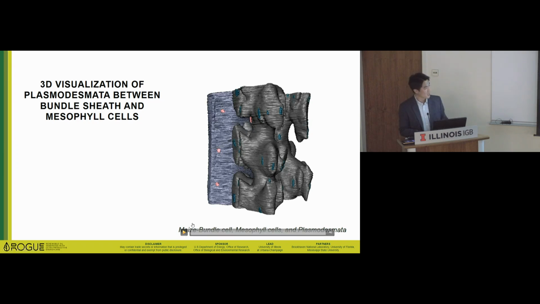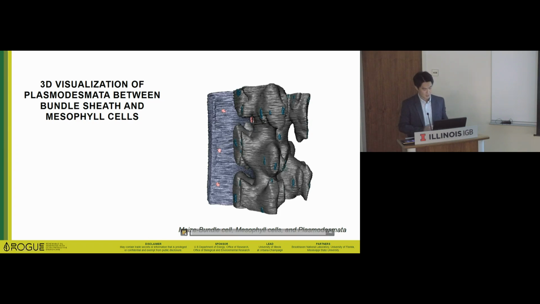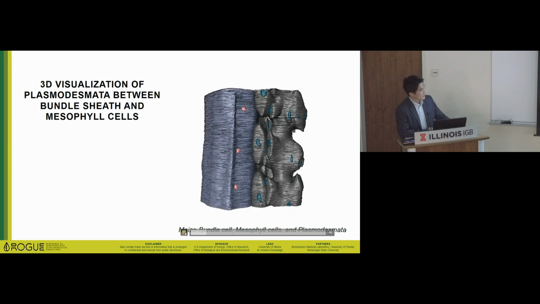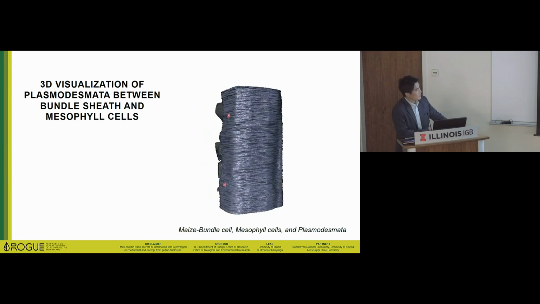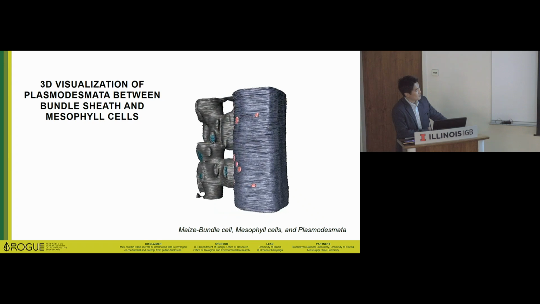This is one example in maize. Before starting, this 3D cylinder is the bundle sheath cell, this one is the plasmodesmata in the bundle sheath, and this gray one is the mesophyll cell. As you can see, some bundle sheath cells have plasmodesmata connecting to another bundle sheath cell.